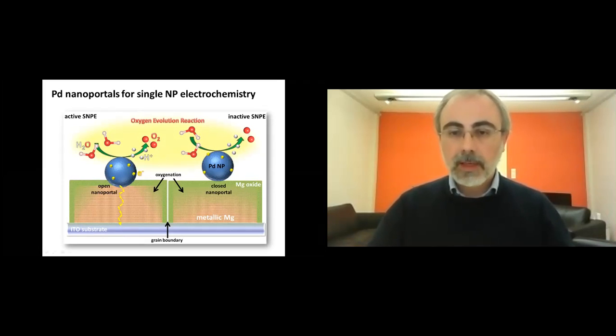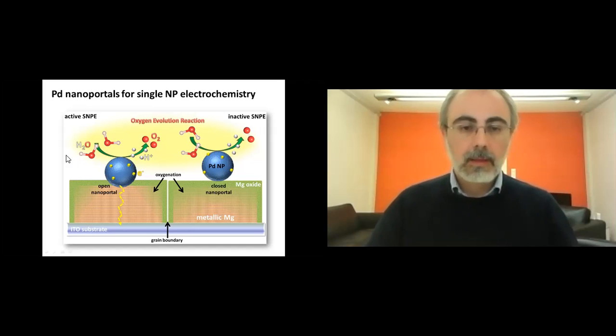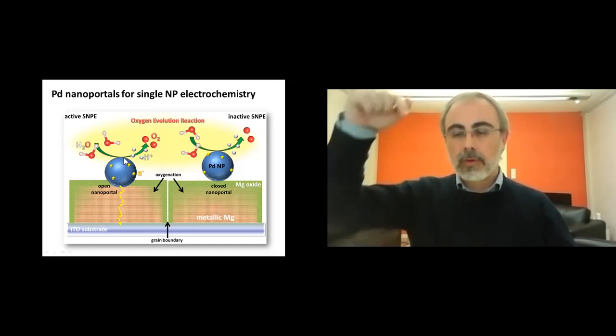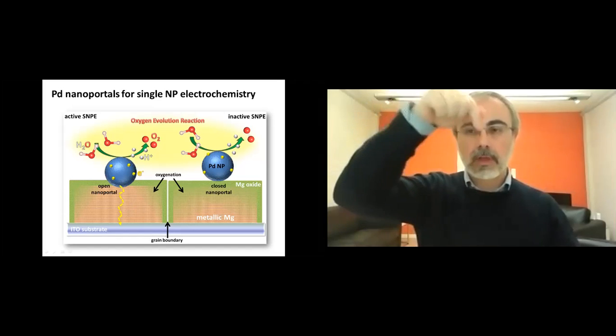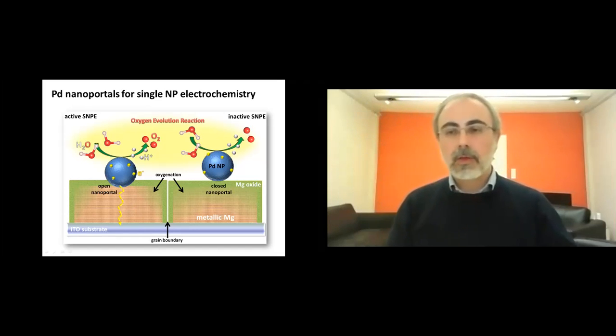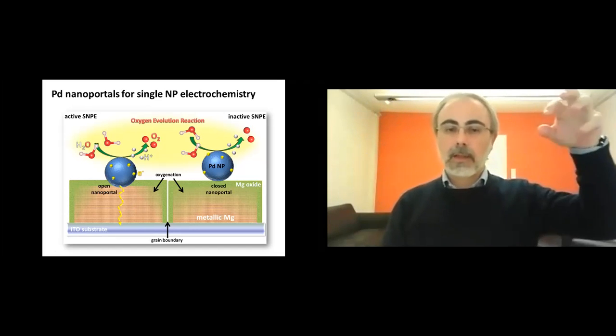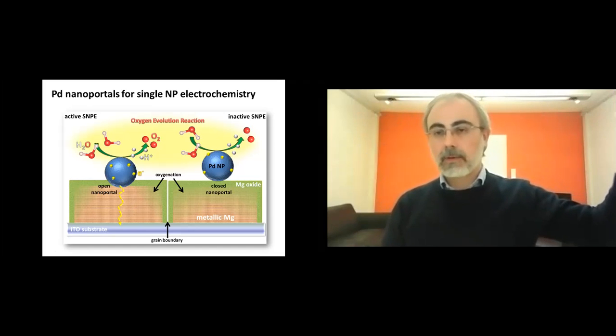When you deposit the palladium nanoparticle on an oxidized magnesium film, you have a closed nanoportal, and therefore you don't get a signal. But if you deposit the palladium nanoparticle and you create an open nanoportal, so it's before oxidation, then if you use some conductive AFM measurements on each of the nanoparticles, you can create a single nanoparticle electrode.